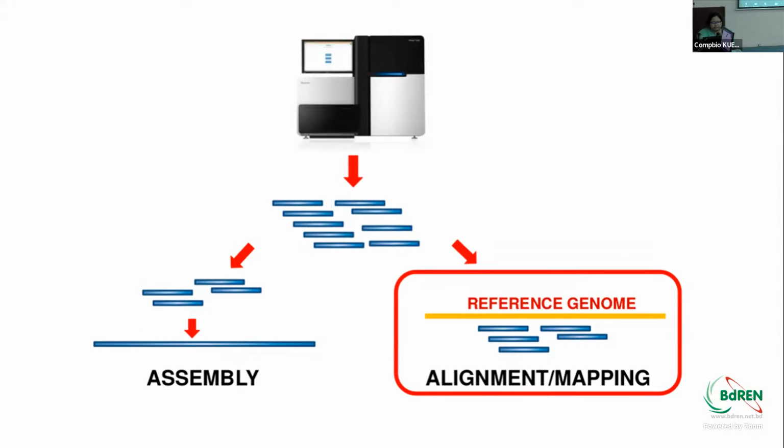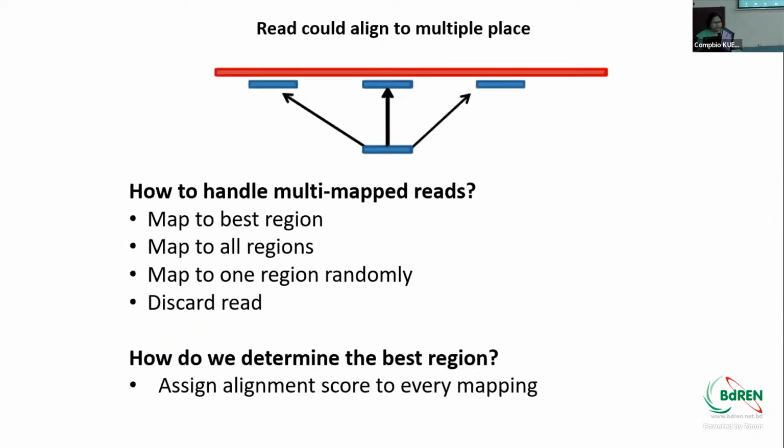So for reference mapping, we need to have a reference genome. And you can see here that the reads are mapped onto that genome, and it's easier, right? Because instead of constructing from scratch, if we have a reference, we can just align to it. Map to the best region: how to handle multi-mapped reads?